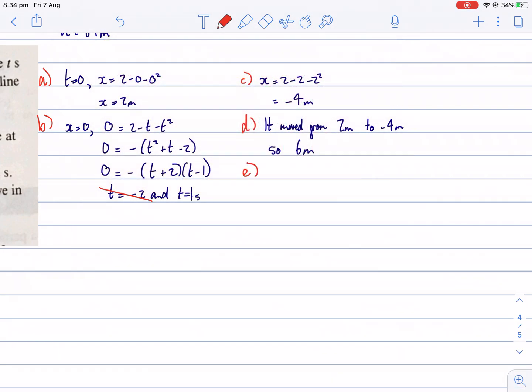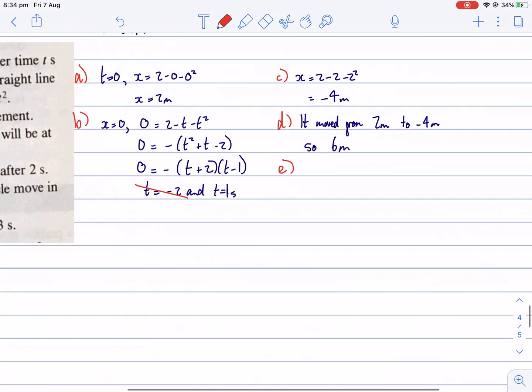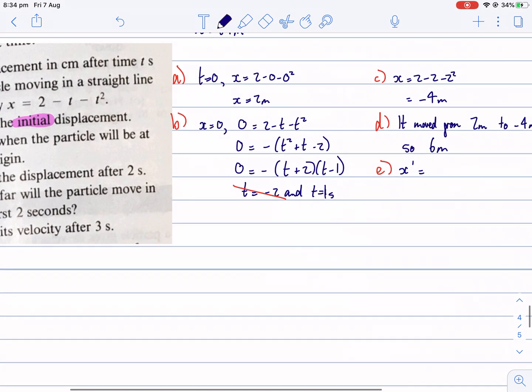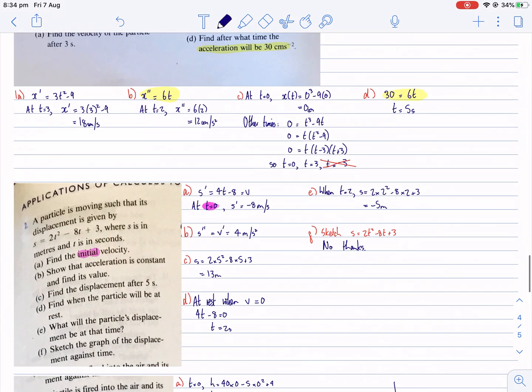And E, find its velocity after 3 seconds. x dash is going to be -1 take 2t. At t equals 3, x dash equals -1 take 2 times 3. -7 meters per second.